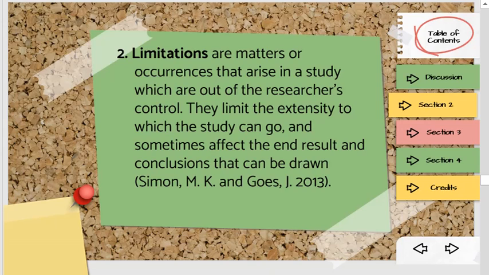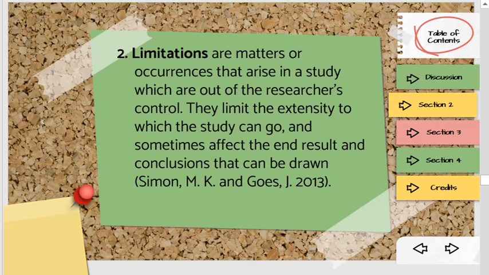So usually this part is added after you have already conducted your data gathering and of course the analysis. That is when you add another part with the subheading limitations, usually after you have written the scope and delimitation.